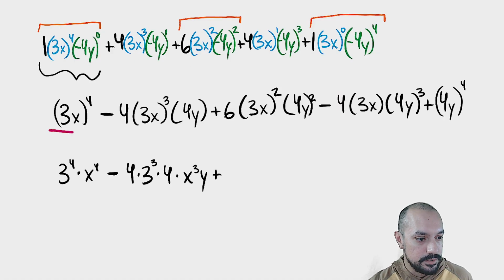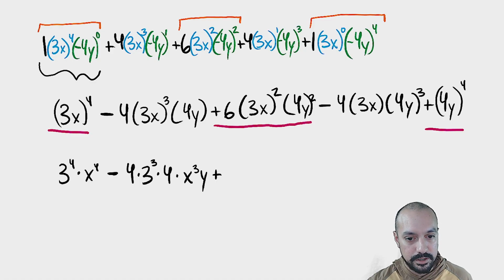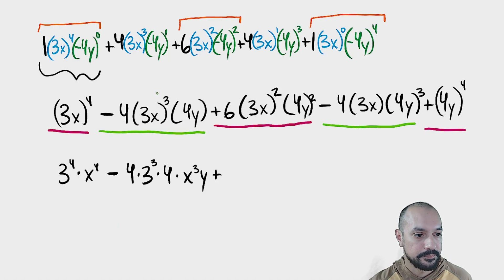The reason I'm doing it like this is because if you have a calculator, you could just put the coefficients into the calculator. Color coding to help with the eyes.